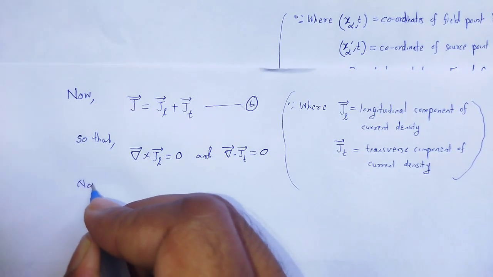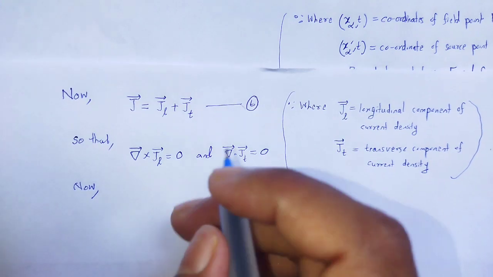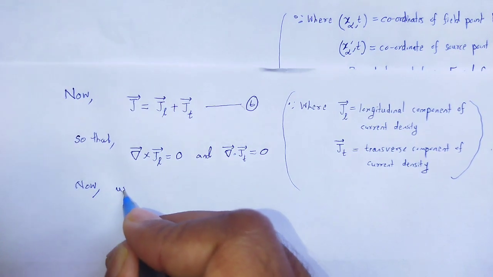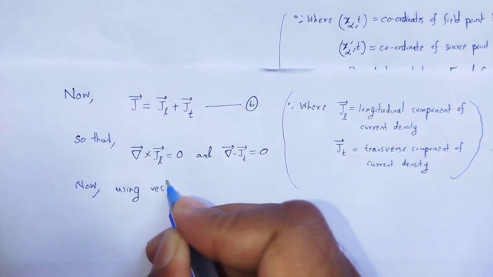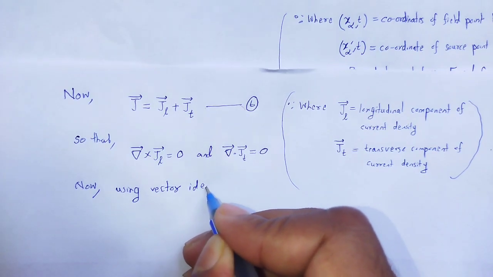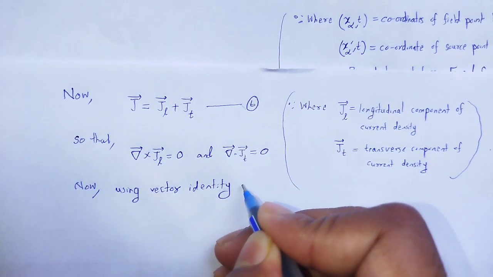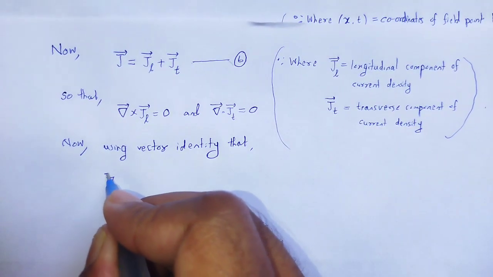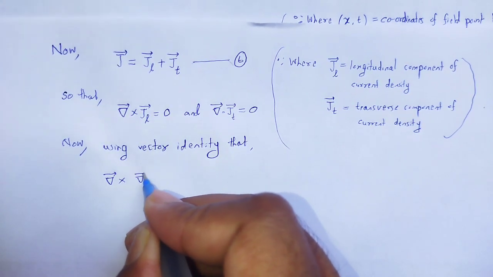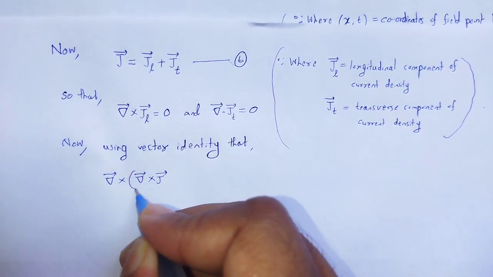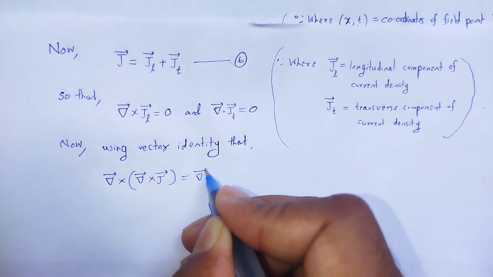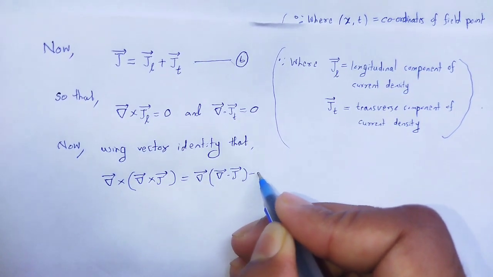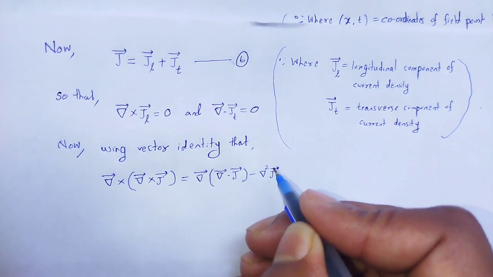Now, we can use a vector calculus identity: grad cross grad cross j is equal to grad of grad dot j minus grad square j.